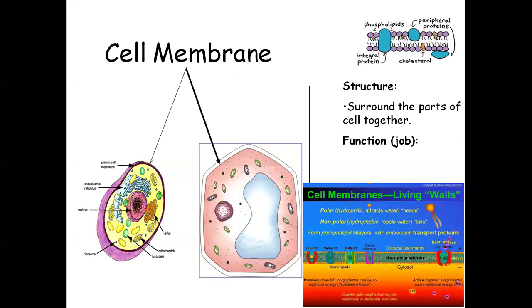So here, this GIF image shows you in a very clear manner the head region, which is polar. Here you will have the head and the tail region. The head is the hydrophilic end. Philic means loves, so it loves to attract the water molecules.